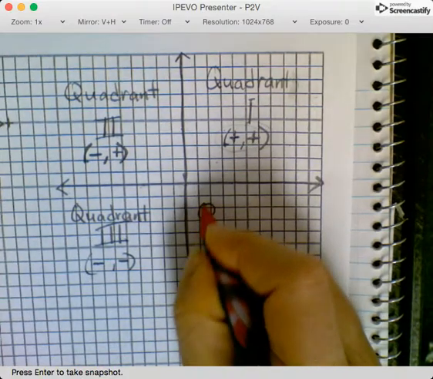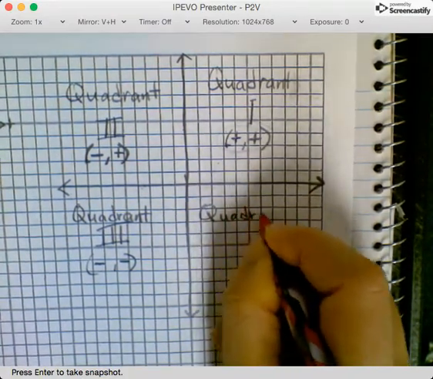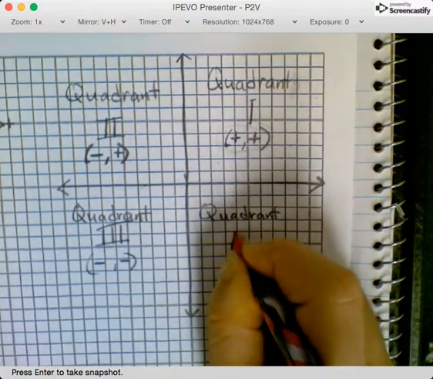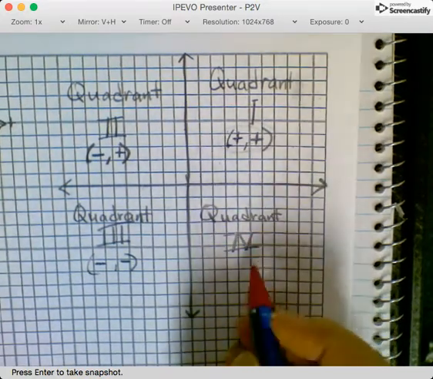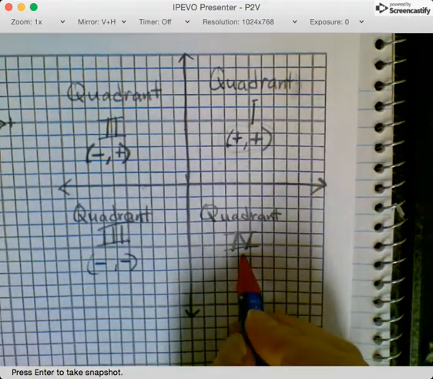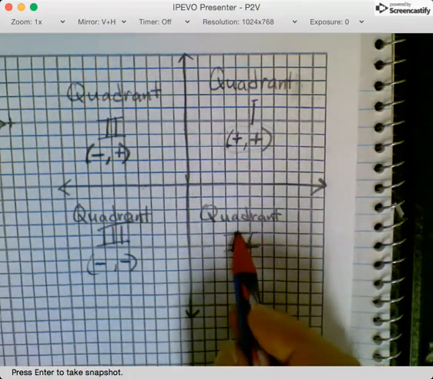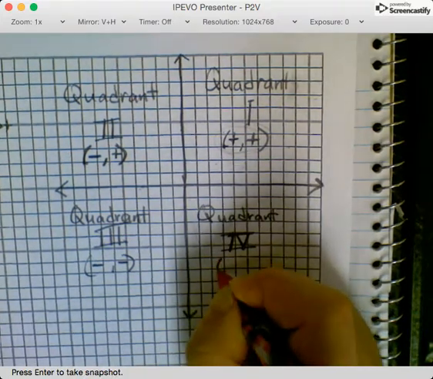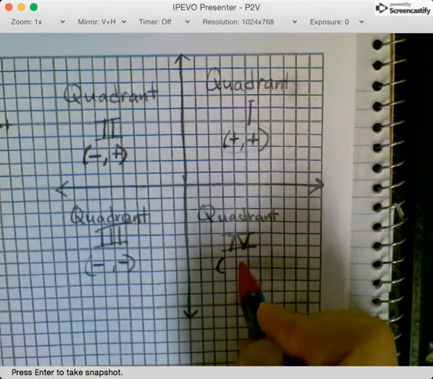And the last quadrant, which is quadrant 4, and I show my 4 with an IV because 5 is V, and putting the I in front of it makes it subtract 5 minus 1. So anyway, 4 is IV. That one is positive because you go to the right, and then a negative.